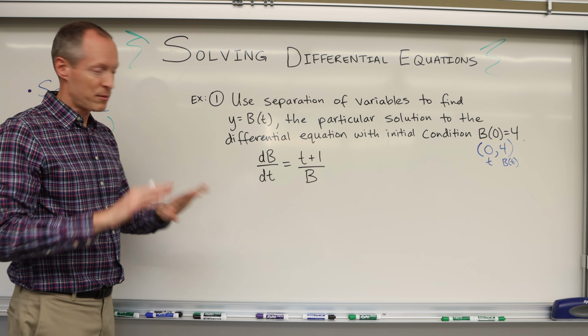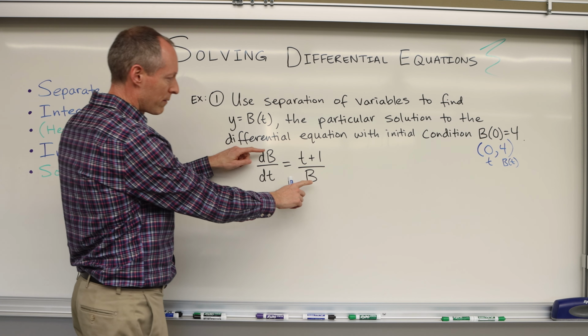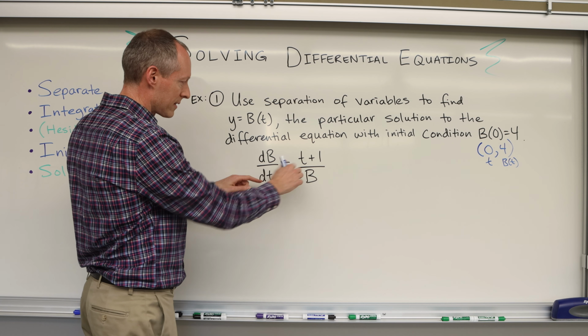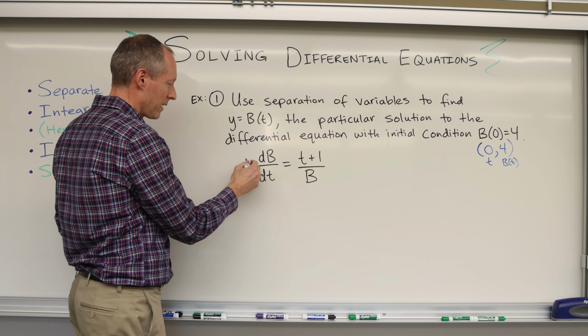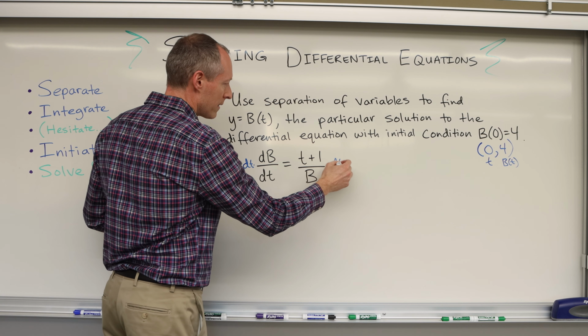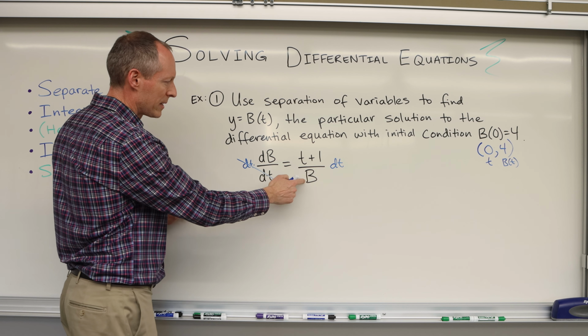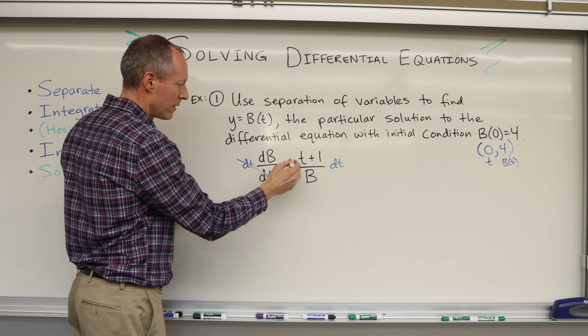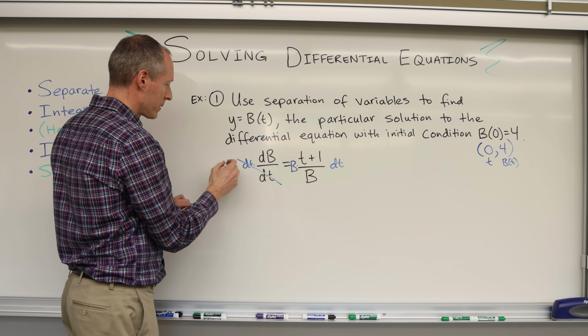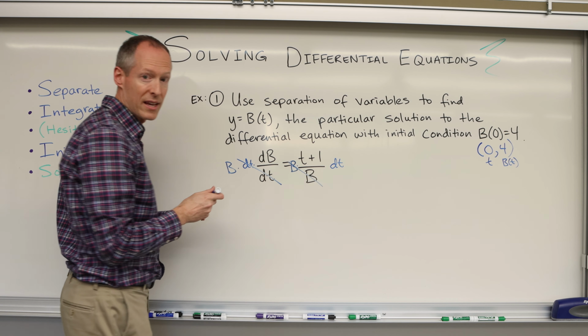So when I say separate, you have to separate whatever variables I have. This one has a B, this has a t. So the dt is on the left side. I need to multiply dt to each side to cancel that, and at the same time I need to get this B over here. So I multiply both sides by B and cancel that.